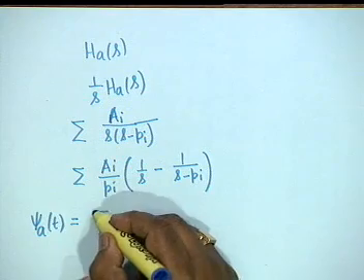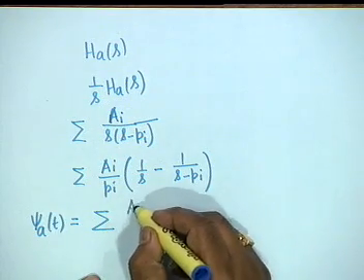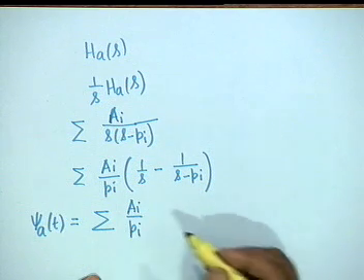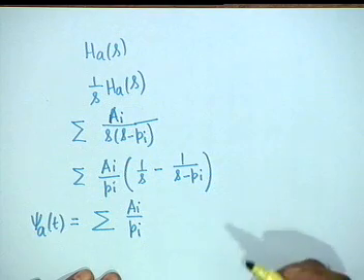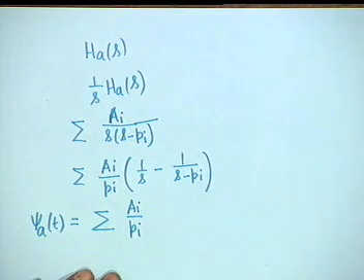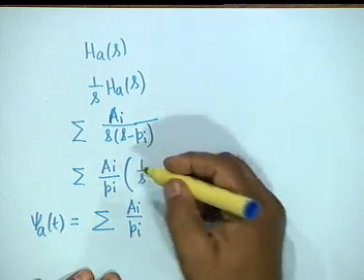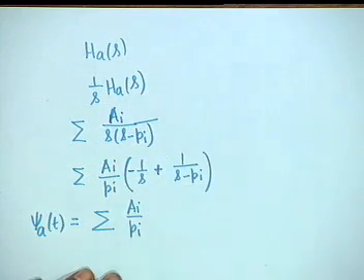shall be equal to summation A sub i divided by p sub i, so it could be minus of A i by pi. That is right. Thank you for pointing this out. This is what it would be. Yes, you are right.